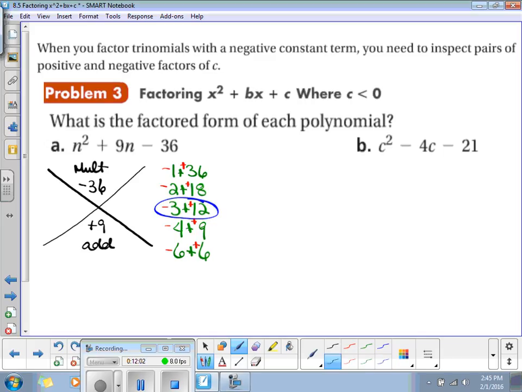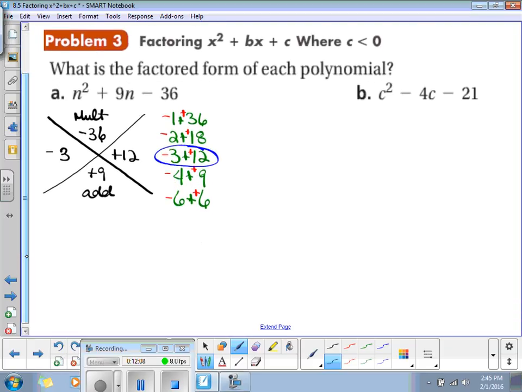So, we write our binomials. So we have a negative 3 and a positive 12. And now we can write it as our two binomial factors. So we have n times n, that gives me the n squared. Okay? And then we have minus 3 plus 12.